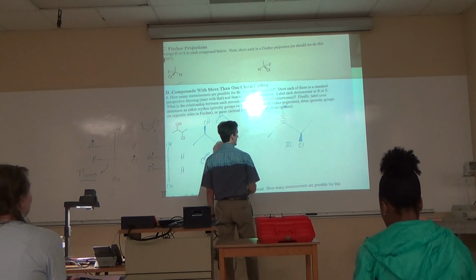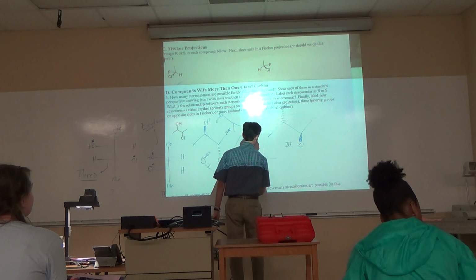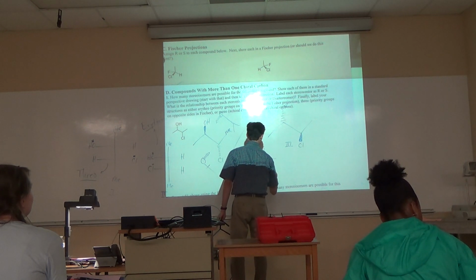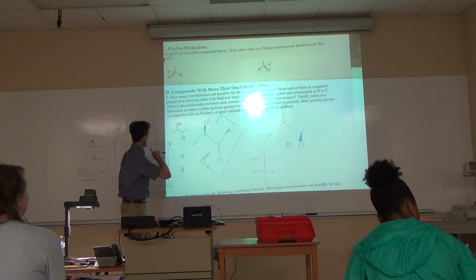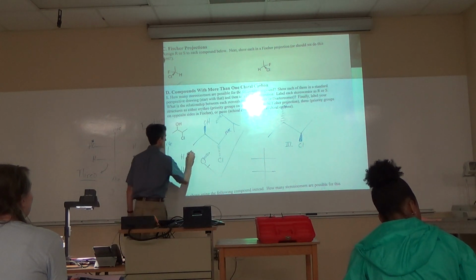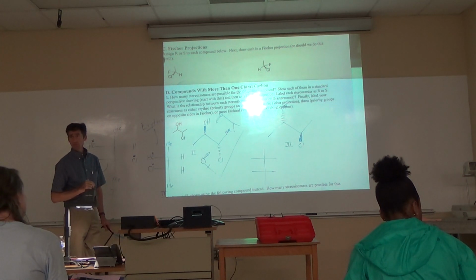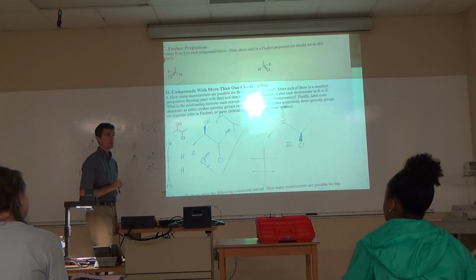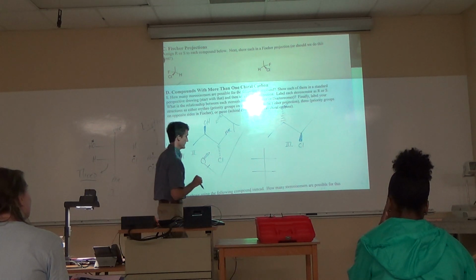Okay. If we draw this in a Fischer, what's the relationship between 2 and 3? 2 and 3 are enantiomers. Everything is switched. Backbone's the same. Well, you can cheat.